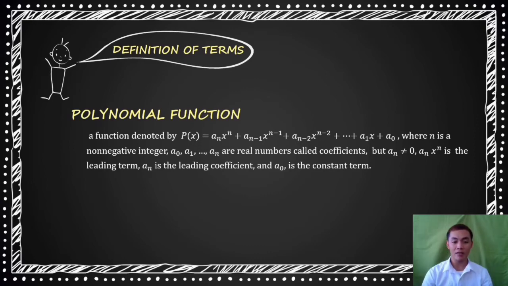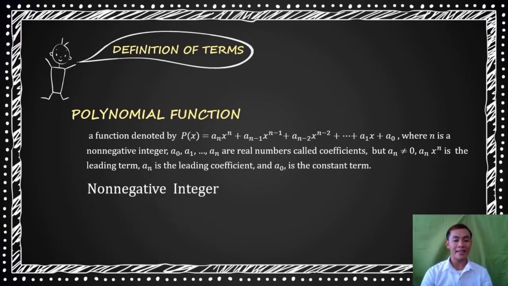A sub 0, a sub 1, up to a sub n are real numbers called coefficients, but a sub n is not equal to 0. A sub n x raised to n is the leading term, a sub n is the leading coefficient, and a sub 0 is what we call the constant term.